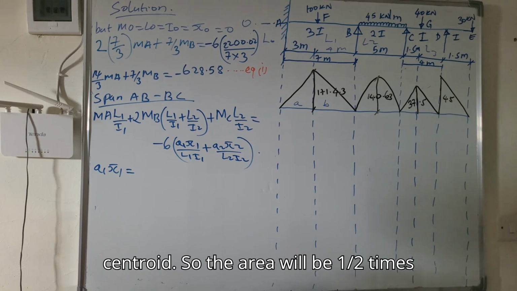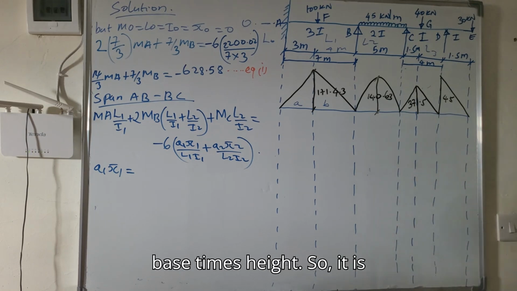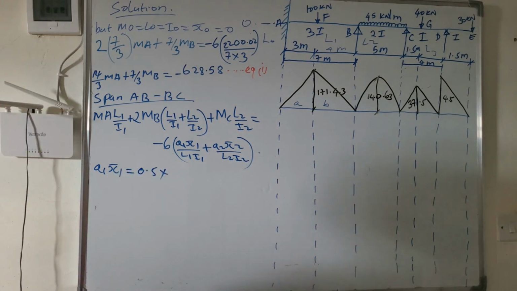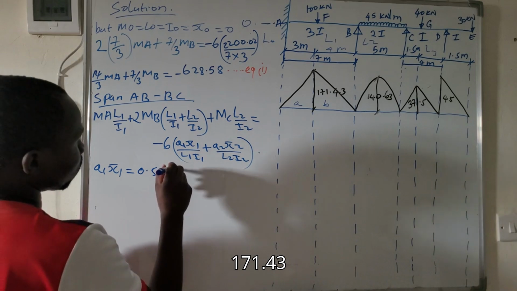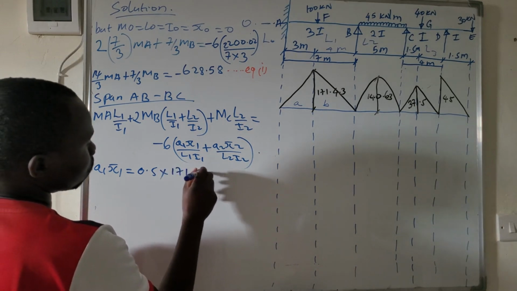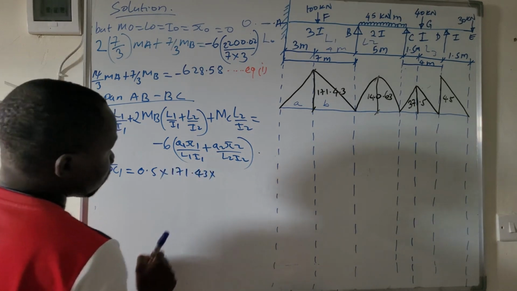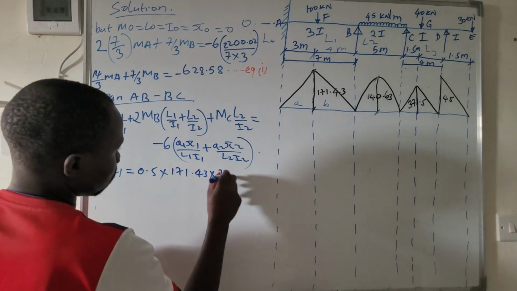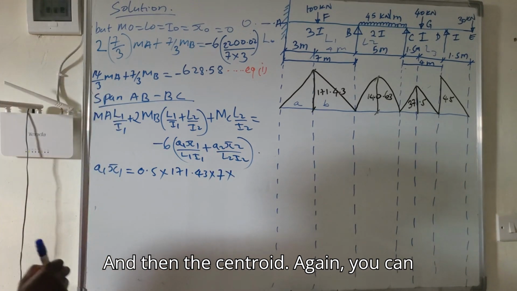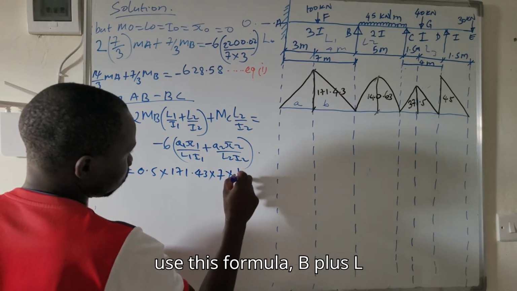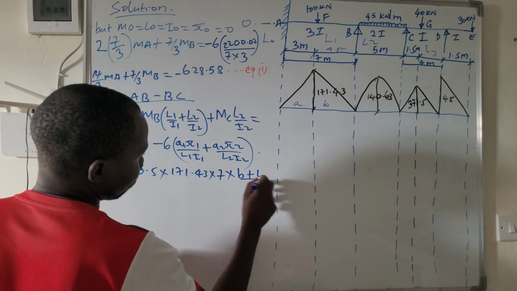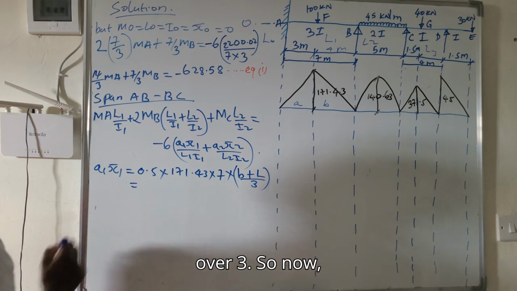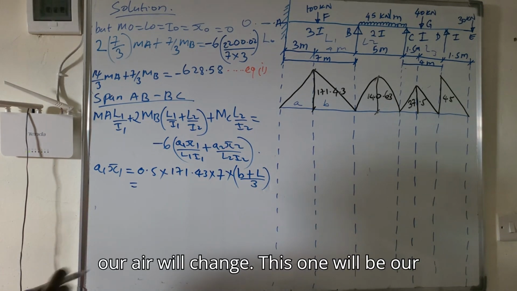So the area will be a half times base times height. So it is 0.5 times height, 171.43, times base, 7. And then the centroid. Again, you can use this formula B plus L over 3. So now our A will change.